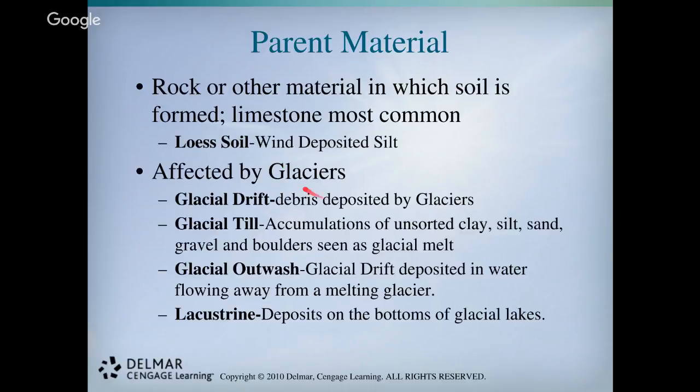One of the things under parent material, so there are a couple different factors that went into making this parent material, where it comes from. And one of them is glaciers. Thousands of years ago, glaciers did cover parts of the United States. And so these glaciers actually left a lot of debris, which in a general term is called glacial drift.